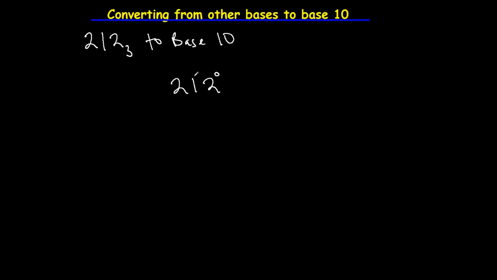We number 0, 1, 2. So this will be equal to 2 times 3 raised to the power 0. Don't forget, we are now operating in base 3. That is why it's 3 raised to the power 0, plus 1 times 3 raised to the power 1, plus 2 times 3 raised to the power 2.